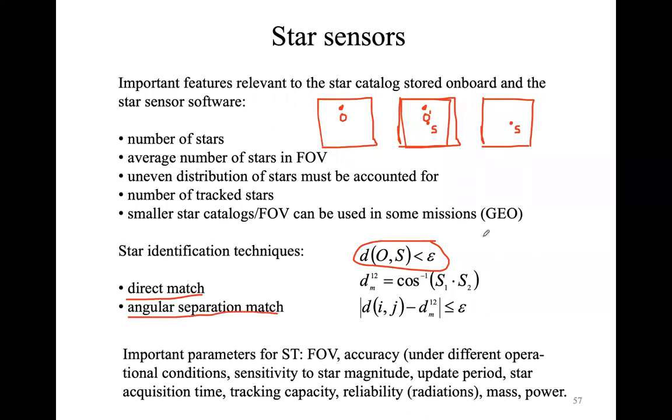The problem is almost the same. The only difference is that in this case, in order to avoid the problems, you are not looking at one single star. You are looking at O1 and O2. Okay? Same thing here.